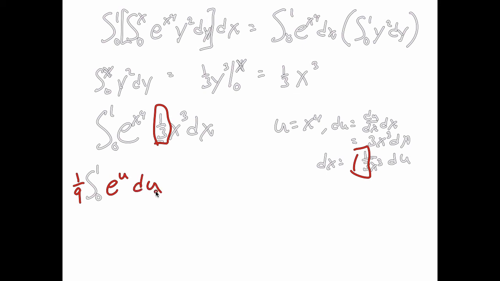Now we don't have to change bounds at all, because x to the fourth evaluated at 1 is 1. x to the fourth evaluated at 0 is still 0, so the bounds stay the same. So the integral is just 1/9 e to the u evaluated from 0 to 1. We keep the same bounds, and that's 1/9 (e minus 1). And that's it. We have solved the multivariate integral.